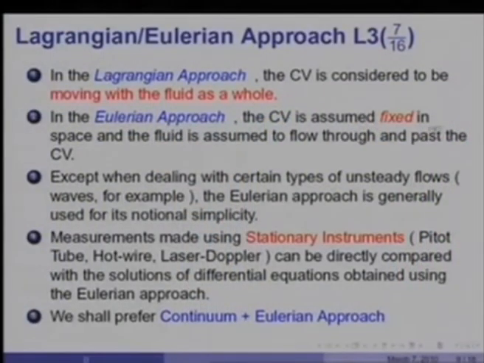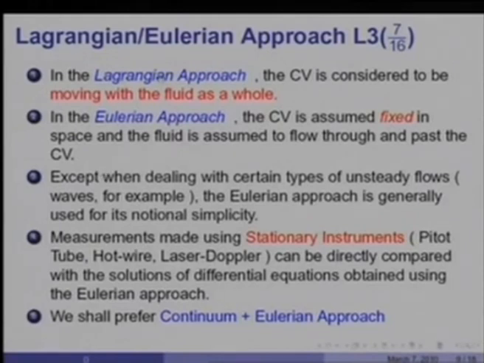In other words, the material of the element is changing continuously, because some fluid is coming in and going out, and the fluid element contains different materials at different times. But the location of the element is fixed in space. In the Lagrangian approach, on the other hand, the material of the element does not change, but the element itself moves with the fluid. In the Eulerian approach, the CV is assumed to be fixed in space, and the fluid is assumed to flow through and past the CV.